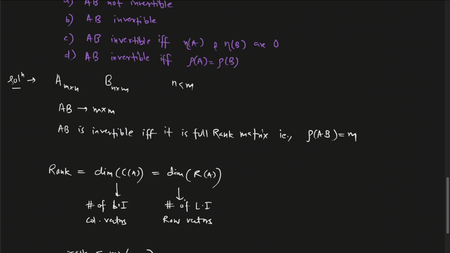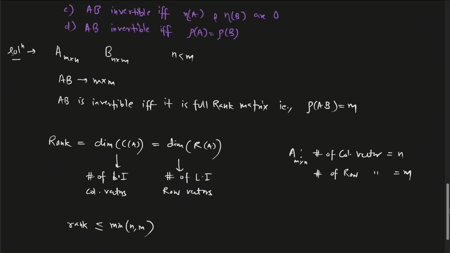Similarly, because the row space and column space have the same dimension, how many row vectors do we have? We have m row vectors. So in case of A, because A is m cross n, the number of column vectors is n, and the number of row vectors is m, right?